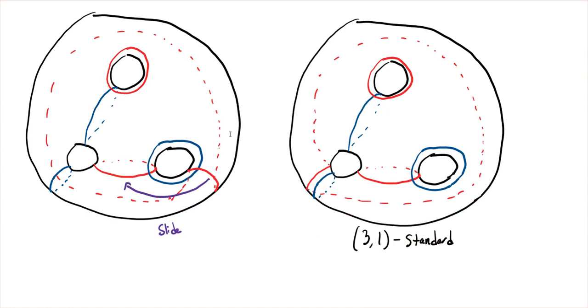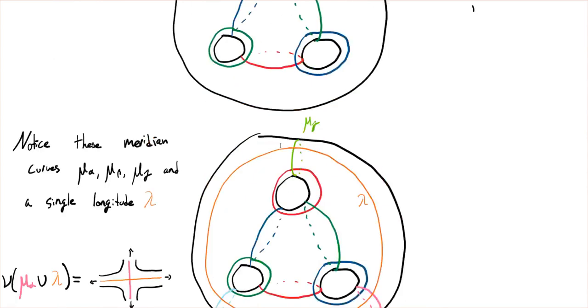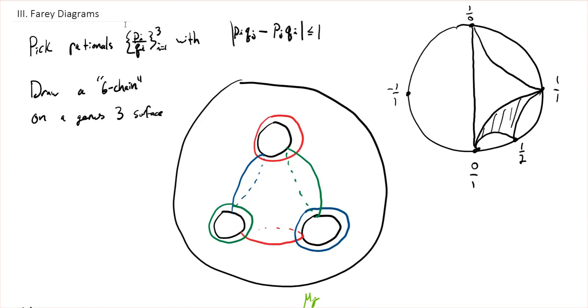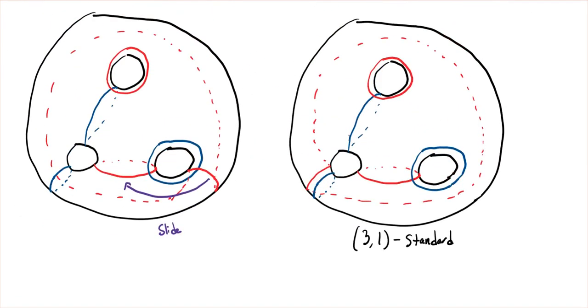There's a couple tricks you can do. So one thing you can do is Dehn twist the entire diagram along this curve lambda, and that will change your fractions around a little bit. So you can make some assumptions like all of these rational numbers have to be less than 1 or something. But those types of moves don't really get you any closer to the truth.